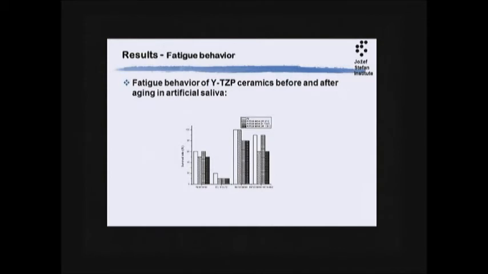And it dropped when we tested the material in water or in saliva. The survival rate of the ground specimens was dramatically reduced. Only 2 or 1 of the ground specimens survived the testing in saliva.